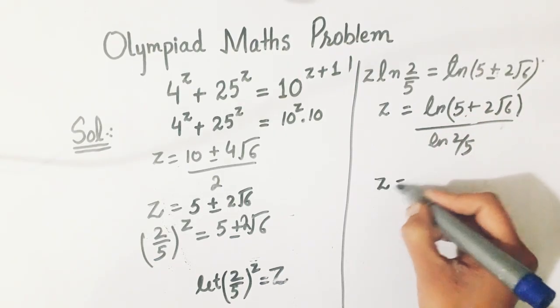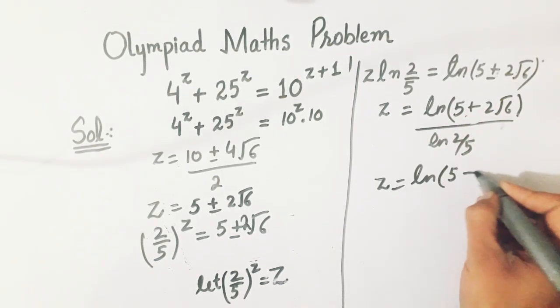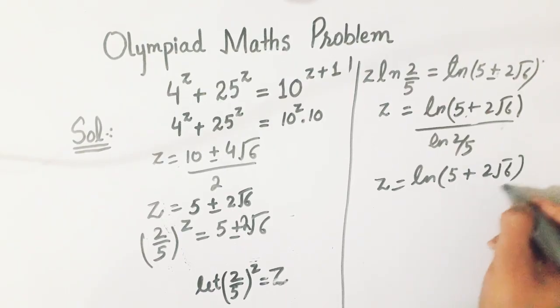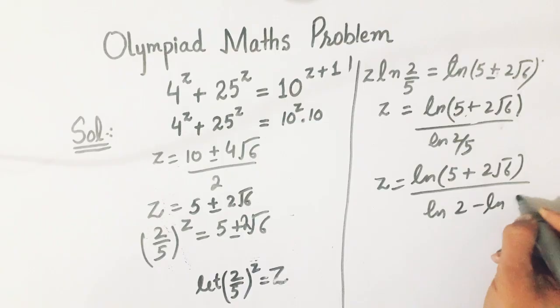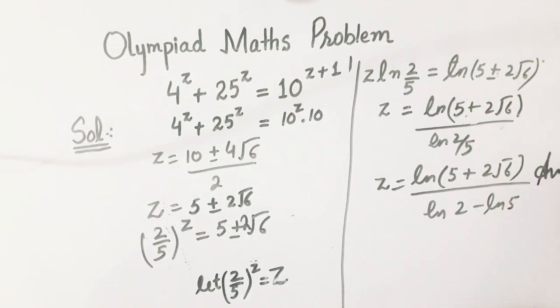So z equals ln of 5 plus 2 root 6 divided by ln 2 minus ln 5. So this is the final answer.